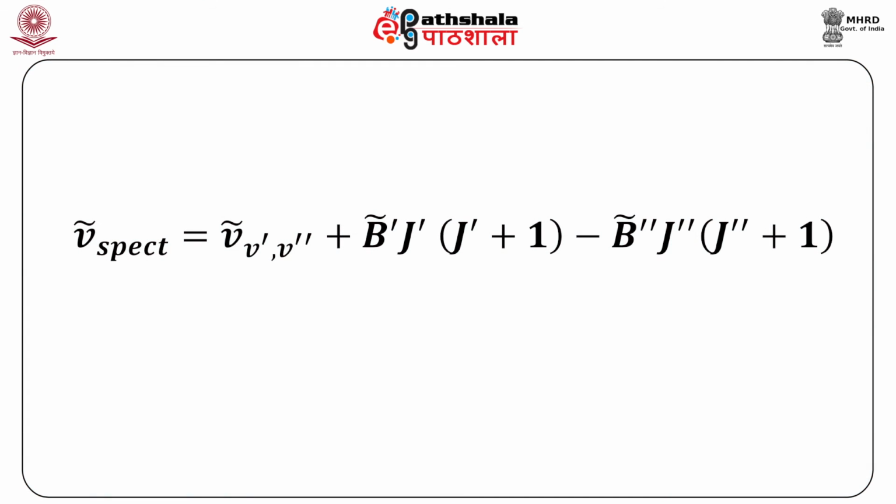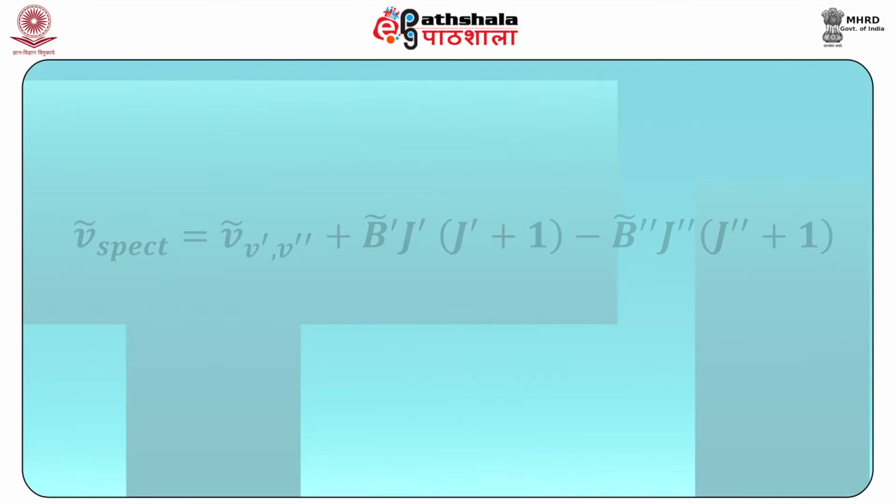Therefore, the spectroscopic wave number of the photon is given by the wave number of the v prime v double prime transition, the vibronic transition, plus B bar J prime into J prime plus 1 minus B double prime J double prime into J double prime plus 1, where the two rotational constants with prime and double prime refer to the excited and ground electronic states now.